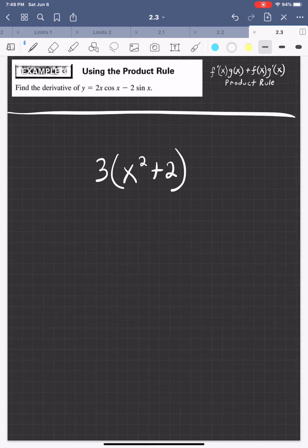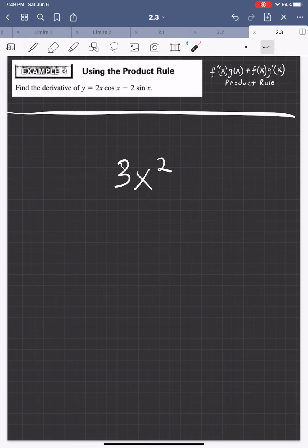Let me make this easier, because I want to get through this really quickly. I just want to show you something. 3x squared. Assume with me for just a second that a student forgot whether they needed to use the product rule here or the power rule here. Right now, hopefully you understand that the power rule is the easier way.